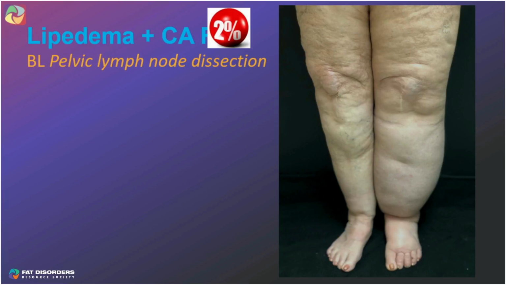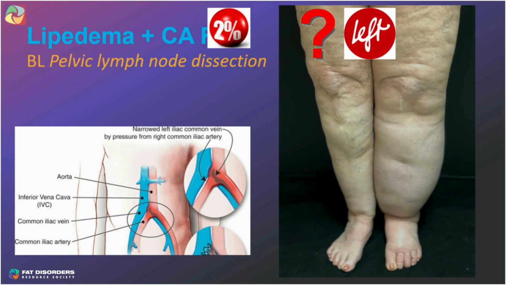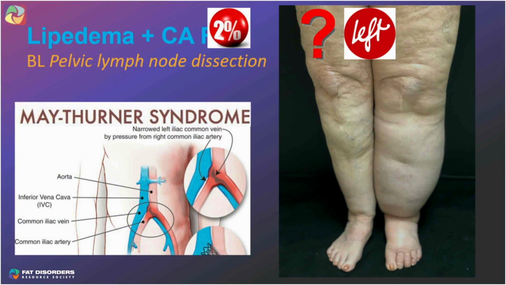And it's 2 reasons, but the predominant reason is because of what's known as May-Thurner syndrome, and that is your left pelvic vein is chronically compressed by the overlying right pelvic artery as seen here. The red structure compresses at about the level of your navel, by the way.